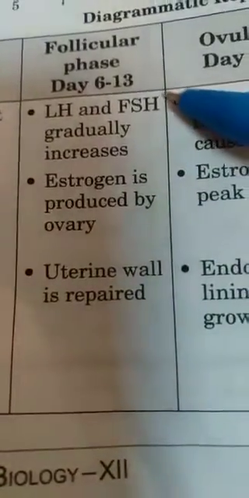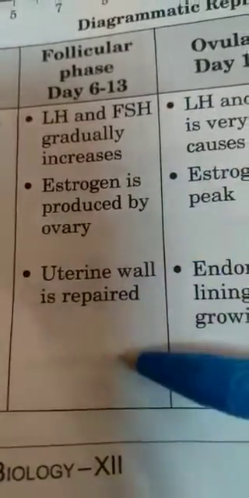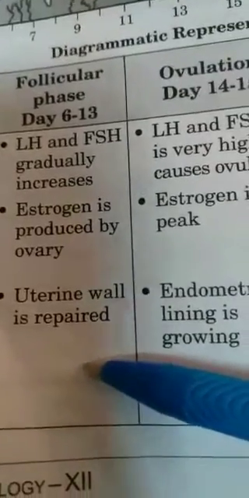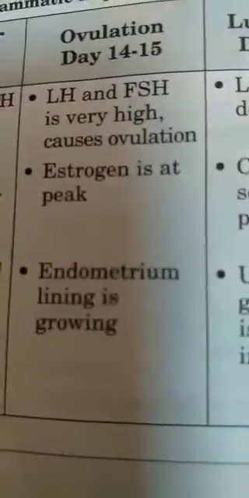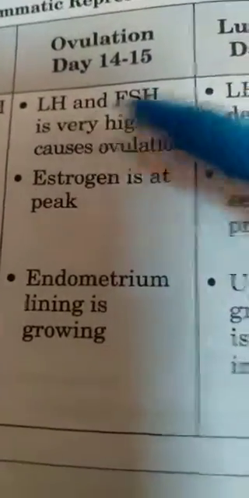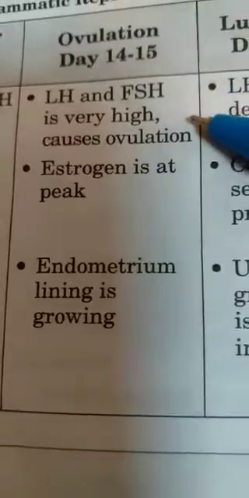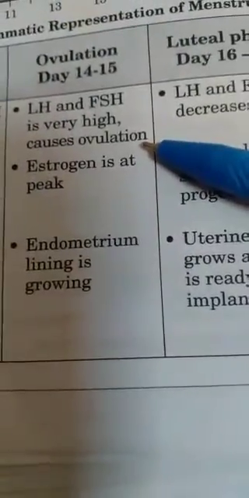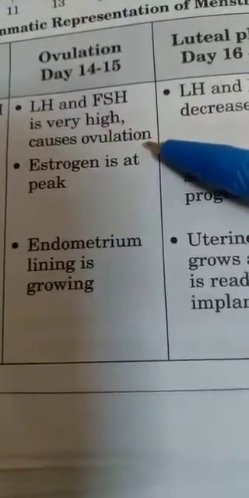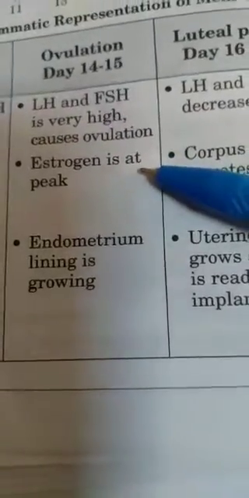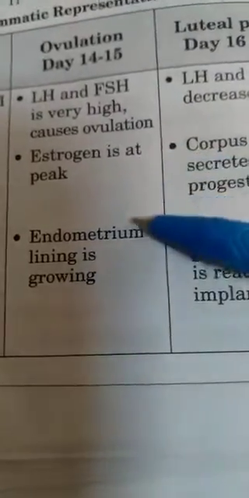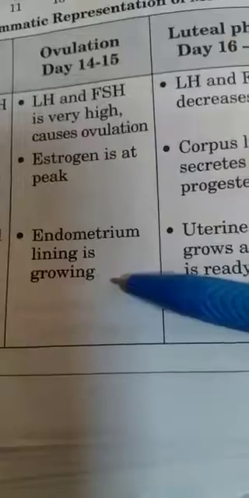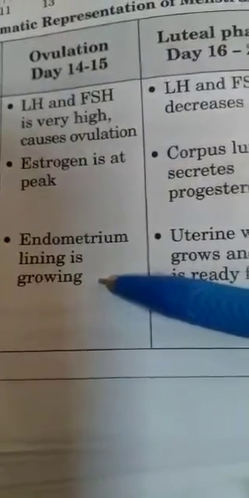Then from 14 to 15 days, luteinizing hormone and follicle stimulating hormone are at maximum, very high, and this results in ovulation. The egg is released at this stage. Estrogen is at its peak, maximum at 14 to 15 days, and the endometrium lining is growing.